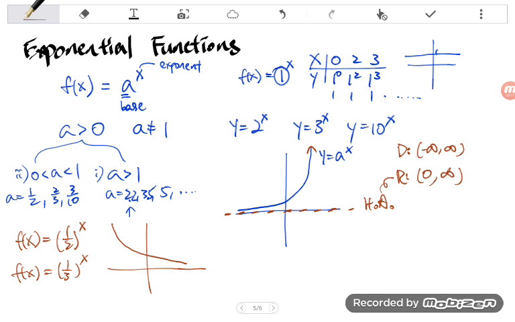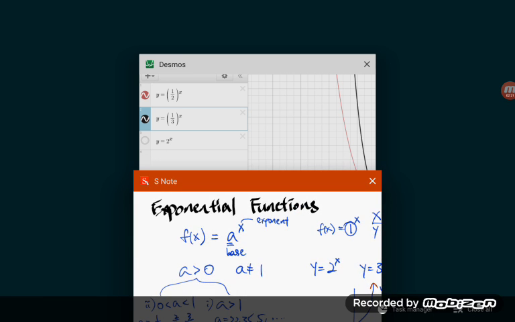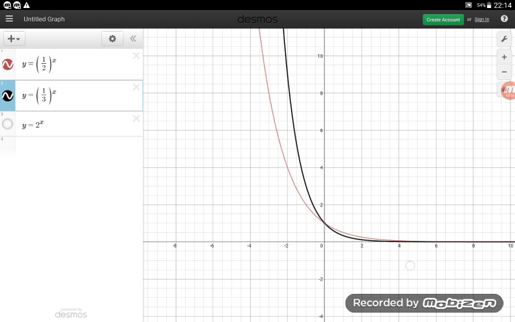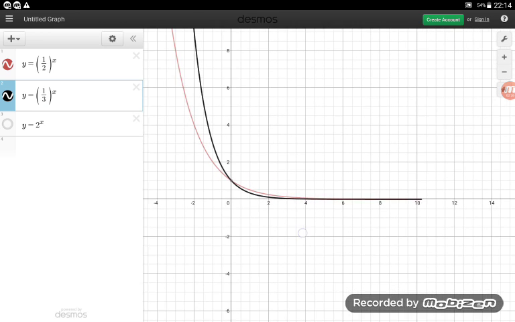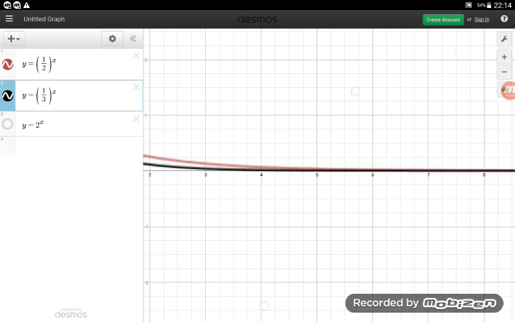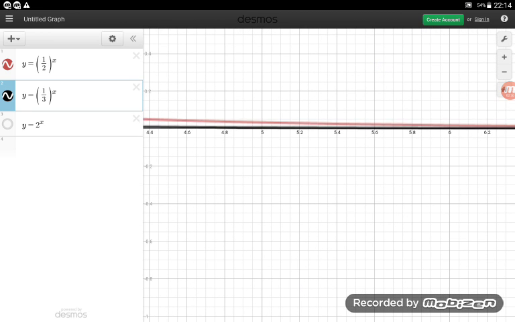I'm not sure if you guys noticed. What about the horizontal asymptote? Is it still there? Let's look at the right hand side. If I zoom in, maybe we should just look at y is equal to half to the power of x, so I will hide the black line.